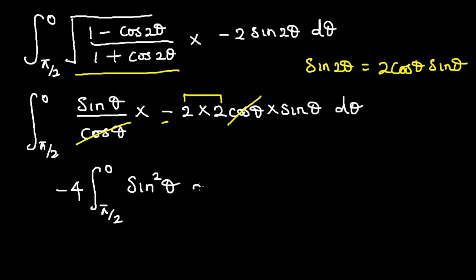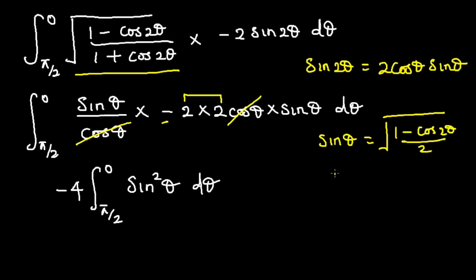Then from the half angle I just stated, remember that sine theta is equal to the root of (1 minus cos 2 theta) over 2, which states that sine square theta will now be 1 over 2 minus cos 2 theta over 2. Knowing this fully well, I can now apply it into what I want to solve.